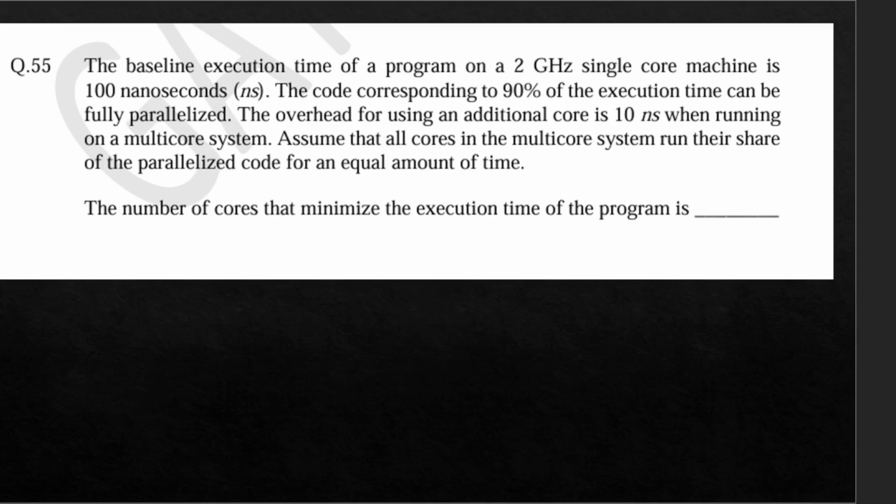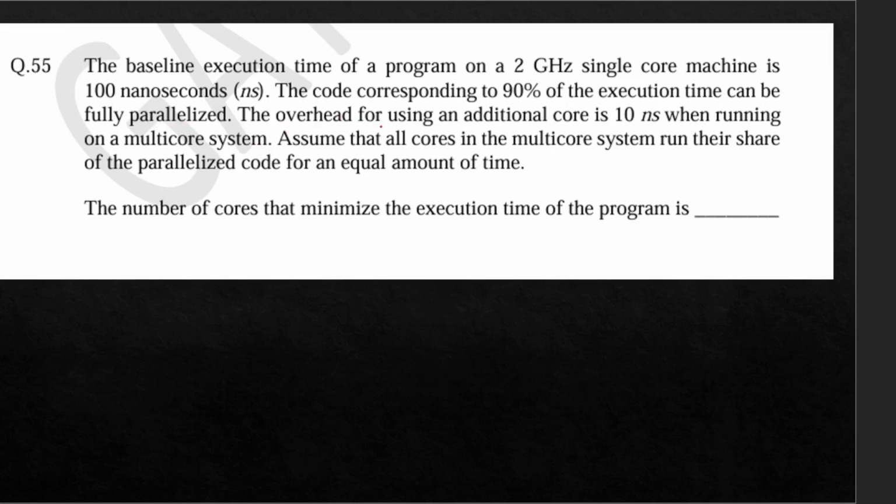Okay, so let's solve this question, everyone. The baseline execution time of a program on a 2 gigahertz single core machine is 100 nanoseconds. The code corresponding to 90% of the execution time can be fully parallelized.